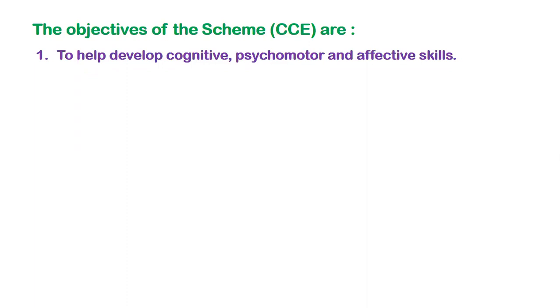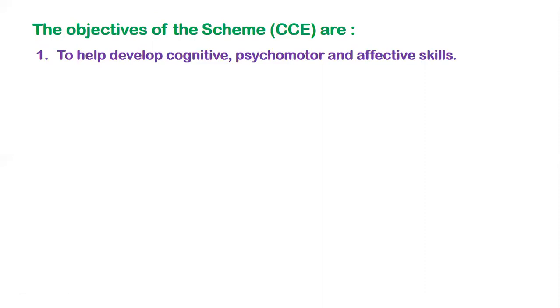So CCE will tell you where your child stands and from where you need to start. So that's why CCE models, CCE portal, or CCE modalities are important in almost all the schools. Now I think almost all the schools are using these CCE models.